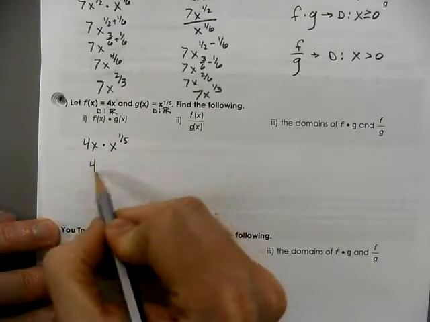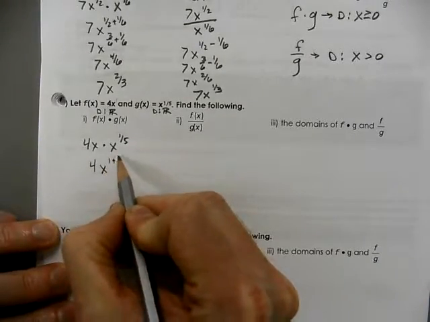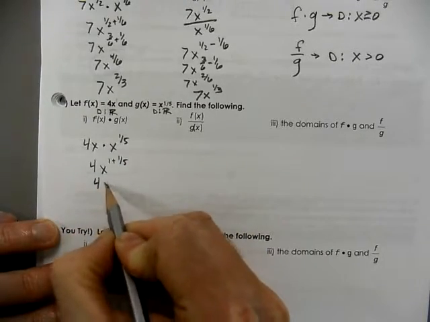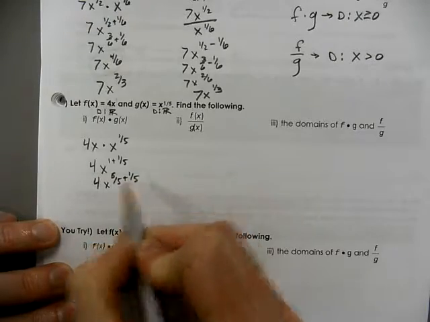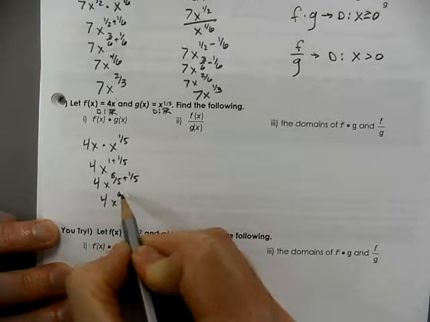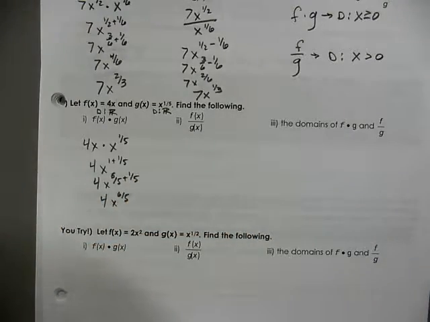So in this case, 1 plus 1/5, 5/5 plus 1/5 leaves us with 6/5. So look at that denominator. Not much of a surprise, nothing really changed on us.